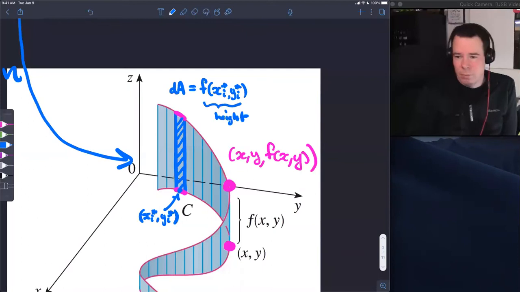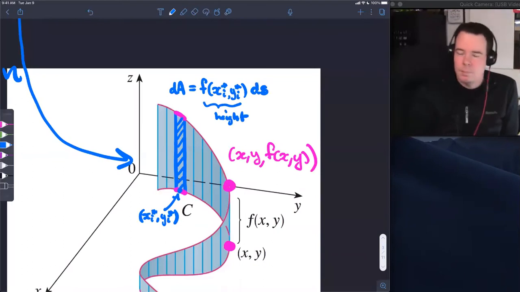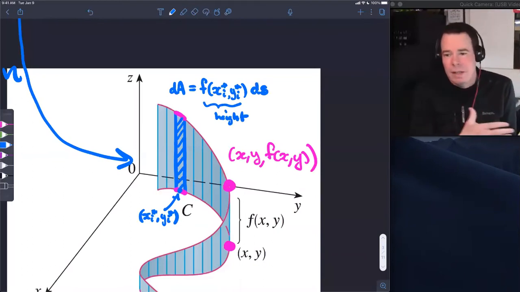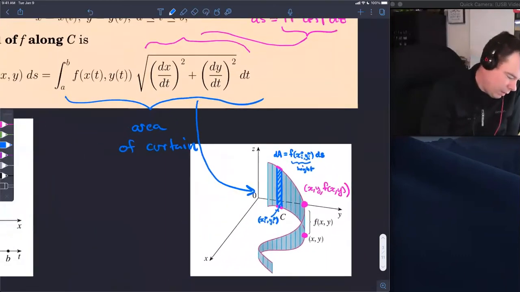I'm going to approximate it by rectangles. And then I have to multiply by the width. But the width is just the length along the arc. So it's a ds. And so then I add up all of those things. In other words, I integrate over all of these f ds. And so that's where that integral is coming from.